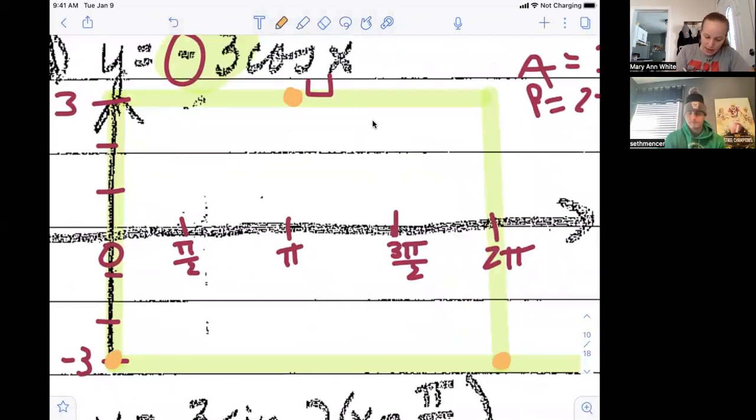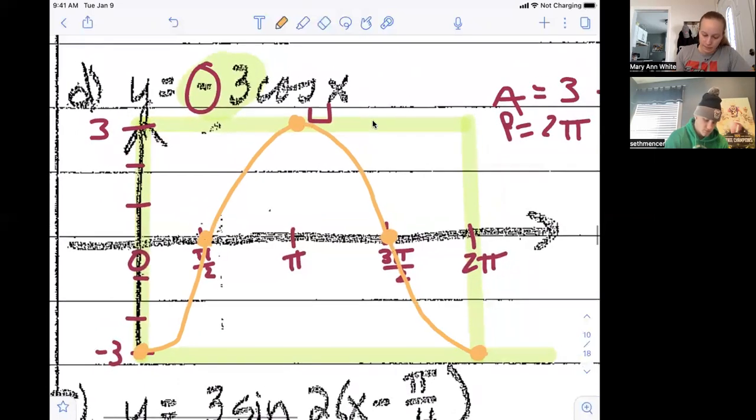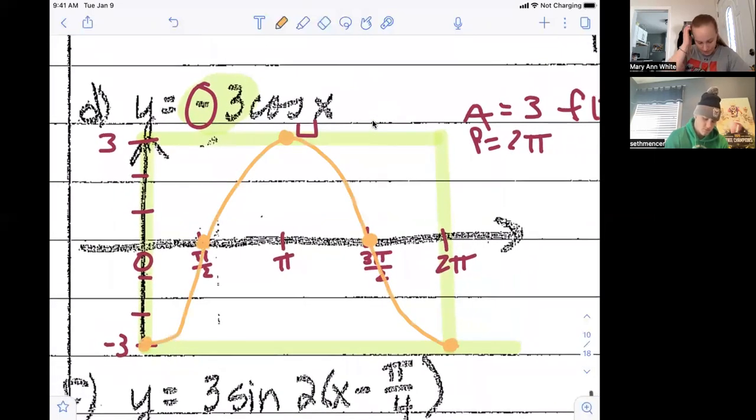My middle point is the highest. And then the other two just go through the middle of the graph, through 0. And then we just try and make it look kind of loopy. So the negative flipped it, the 3 stretched it, and we haven't done a period change, but that's what we're going to do next.